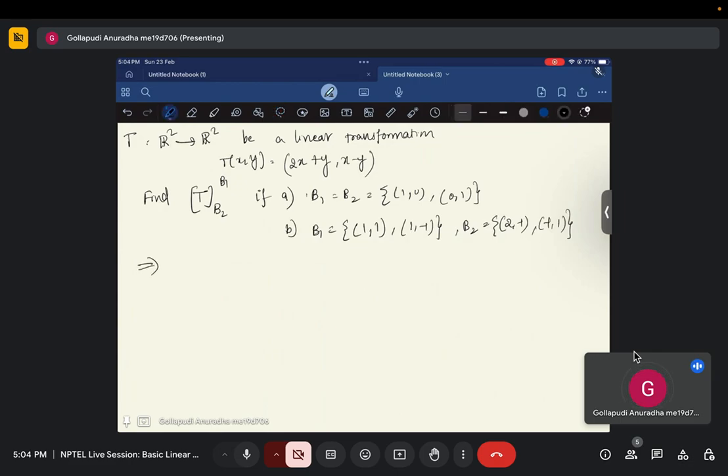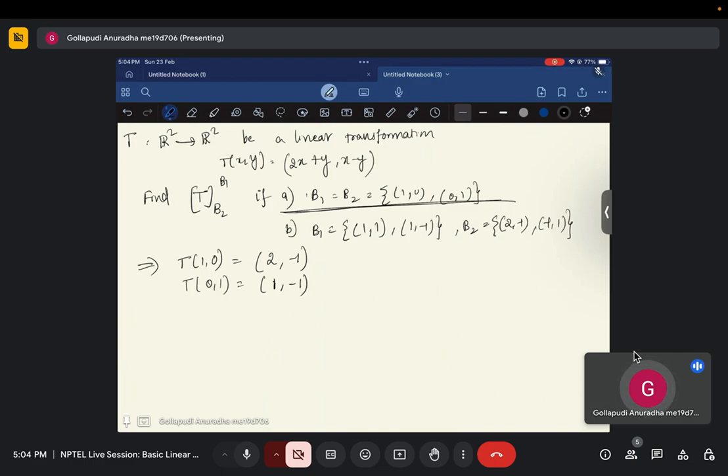This question you all accepted, right? There was no problem in this. What we did here is we just had a standard basis. For the first basis vector of B1 we are finding (2, -1), and for the next we got the transformation of the basis as (1, -1), right?